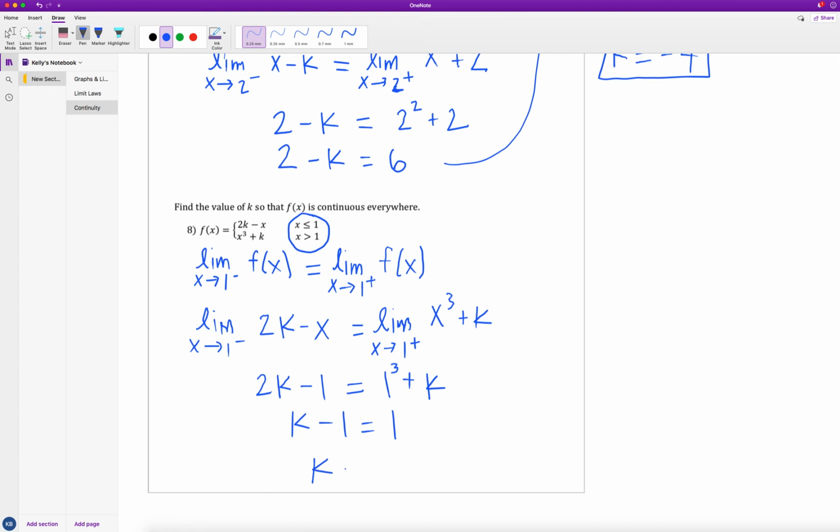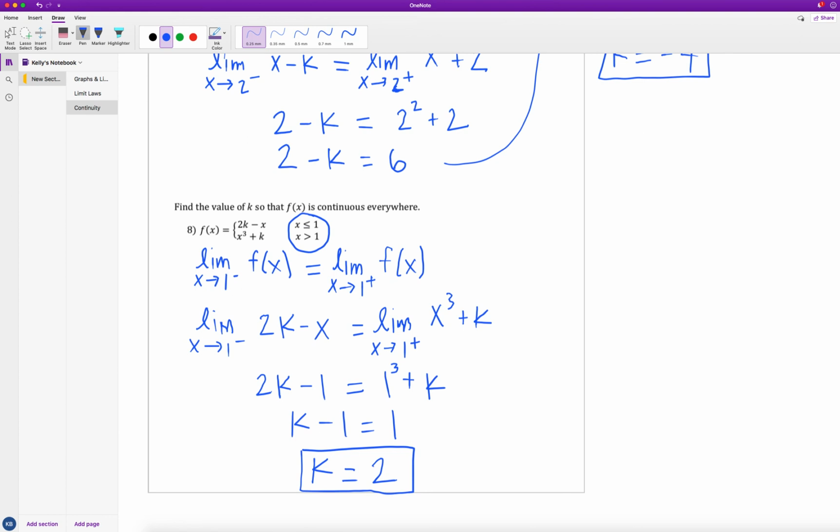I can add the 1 over, and I get that k is equal to 2. So although this function had k in both the less than 1 part and the bigger than 1 part of the piecewise function, it was still enough to show that the limit from the left equals the limit from the right, compute each of those, and because they're equal, I was able to solve for the value of k.